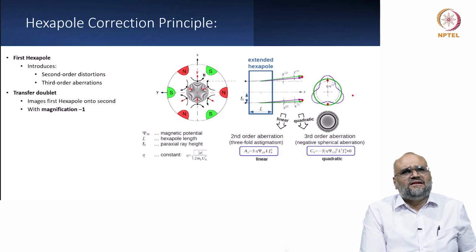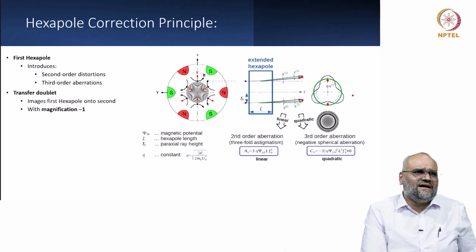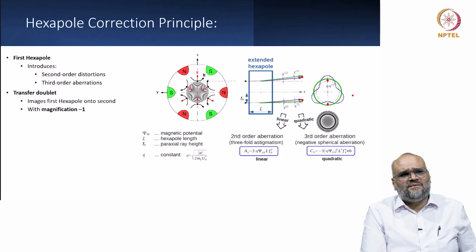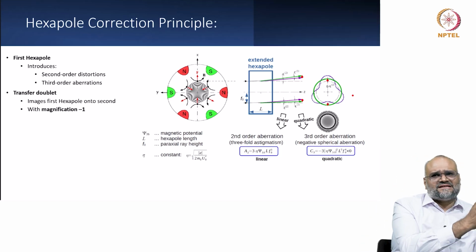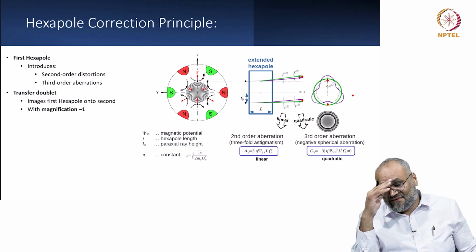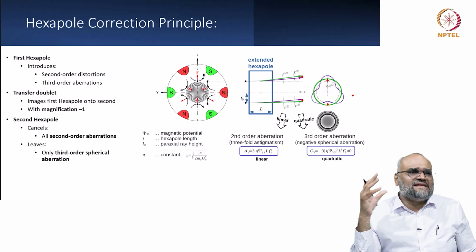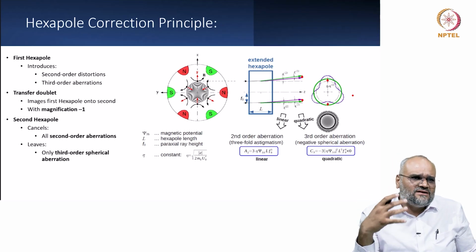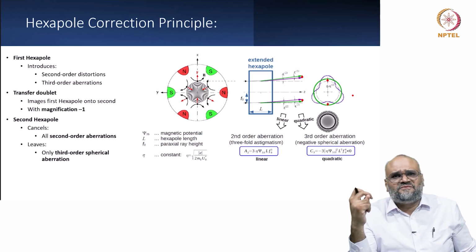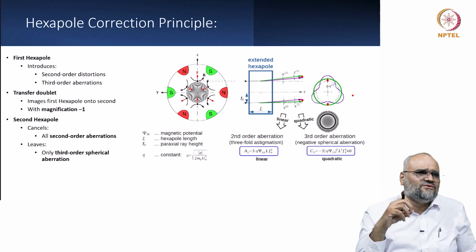The hexapole initially introduces second order and third order distortions and aberration, and the transfer doublet images the first hexapole onto the second with a magnification of -1, and the second hexapole cancels out the second order aberrations, and you are left with only the third order spherical aberration, and this is in a negative value.